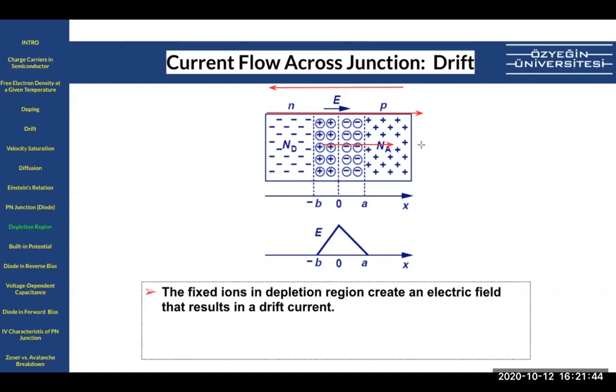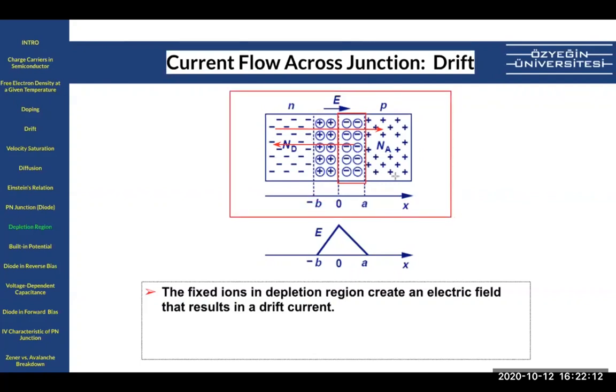Plus pushes pluses, right? So holes won't be able to flow, and vice versa. If you look at the electrons, they will want to go here, but there is a junction here full of electrons, and this junction will push them back. Basically, it will force them not to come at all, right? So that's why in a neutral, not excited PN junction, we don't see a diffusion current flowing, because the depletion region forces those electrons or holes to go back.